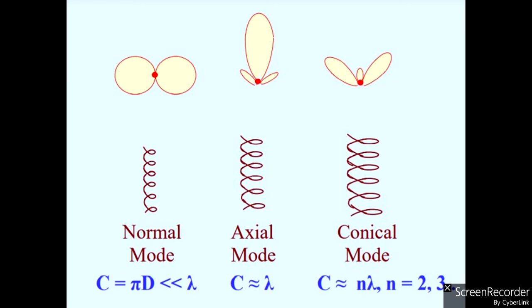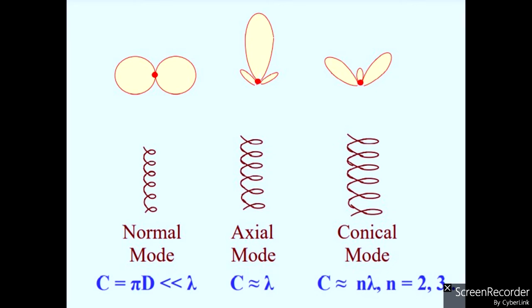Now we can see the radiation pattern at the top. For the normal mode, when C is less than lambda, the radiation pattern is like a dipole structure. But when C is approximately equal to lambda, it is the axial mode, which is the required one. In a helical antenna, we want the axial mode because we want high directivity, so that we can radiate the signal in a desired direction.